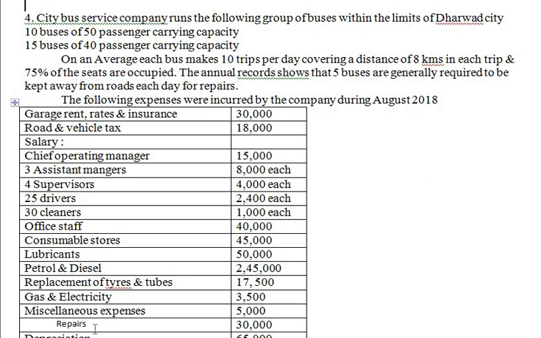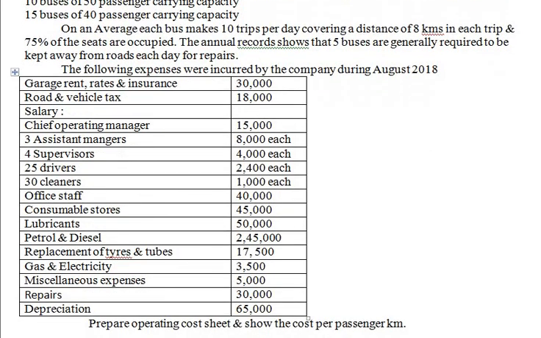Miscellaneous expenses. Next comes repairs, 30,000, so that will be taken under repairs and maintenance. Depreciation will be fixed, so that will go under standing expenses.